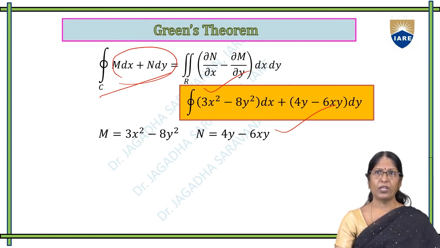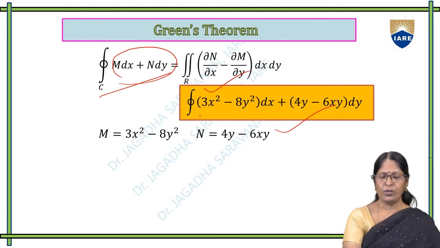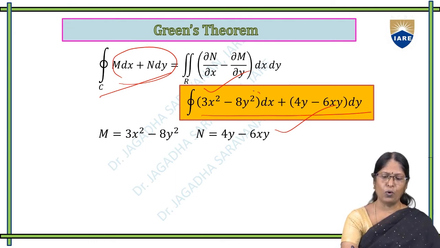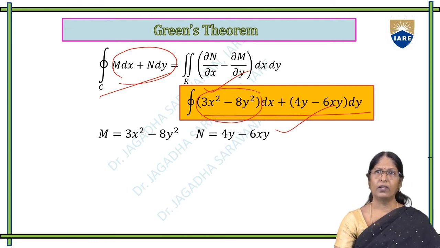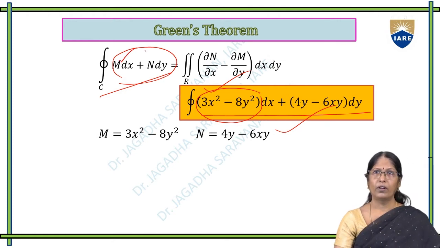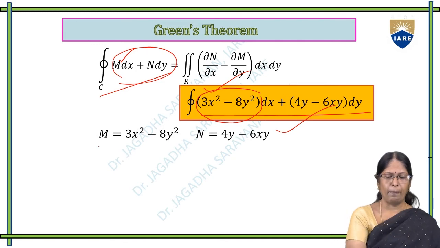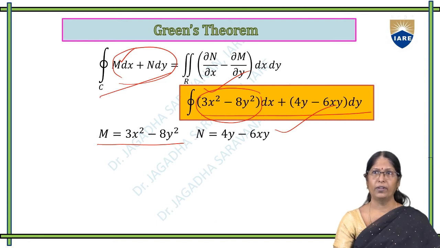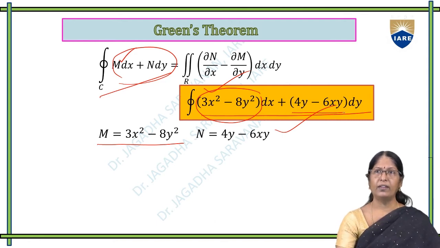After the comparison, the term before dx is M according to the formula. So we have taken M equal to 3x square minus 8y square, and N is 4y minus 6xy.